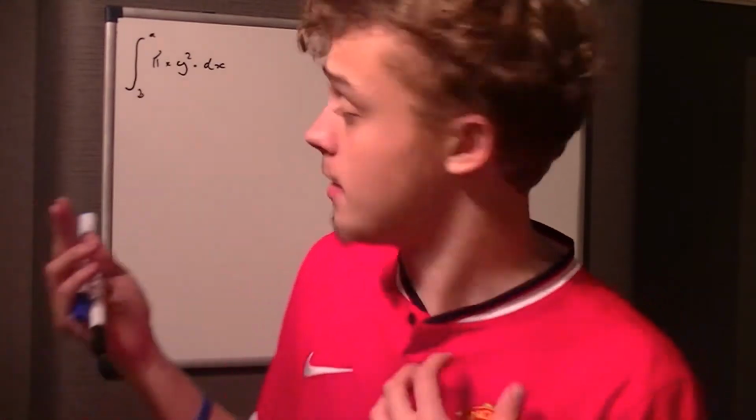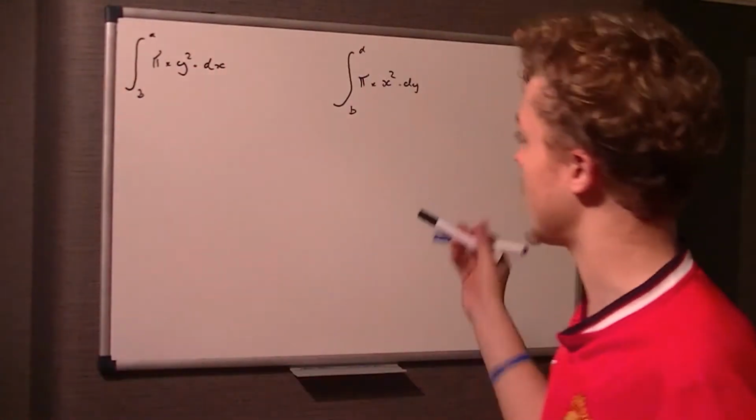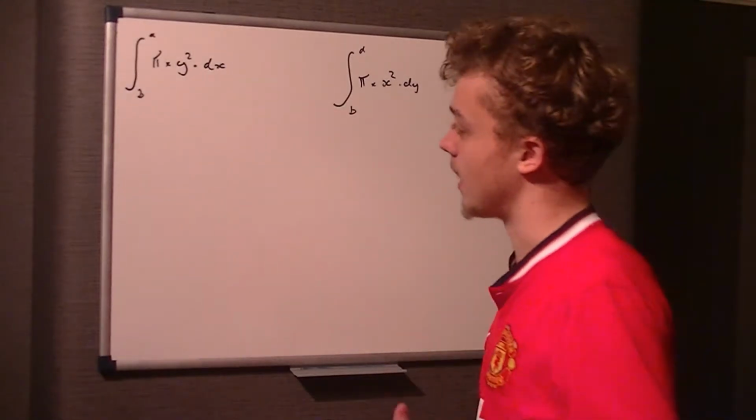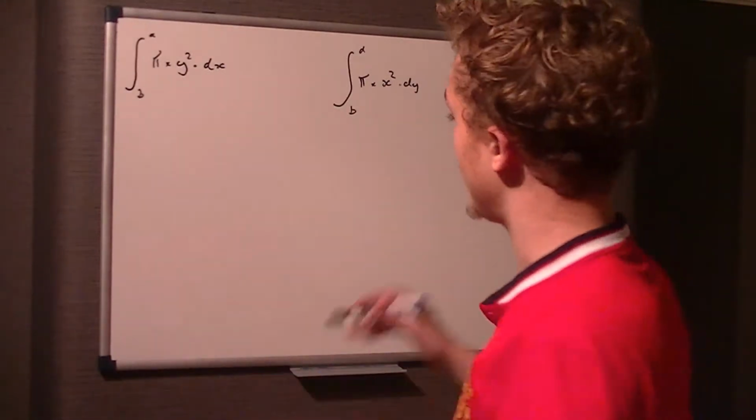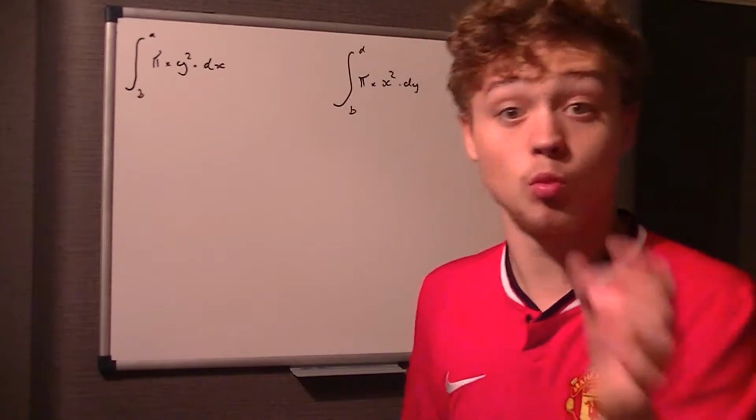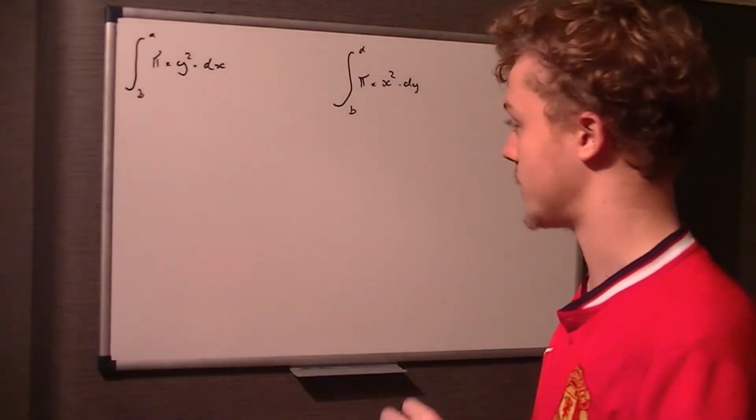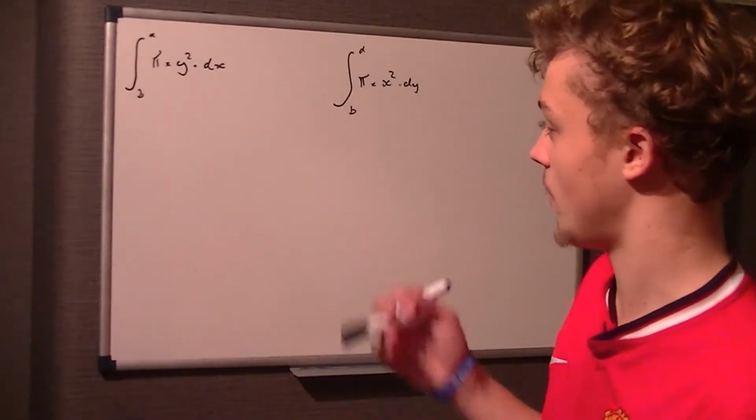So x equals something, possibly a coefficient times y, so there are going to be y's in there. If we're going to integrate something with y's in it, we have to integrate with respect to y. That's why we put x squared with respect to y, because we rearranged the curve.